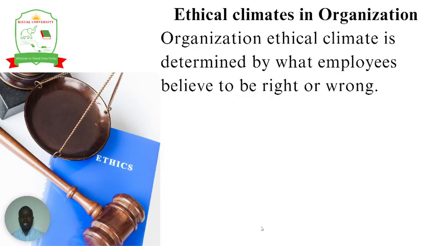We have what we call ethical climates in organizations. And we're saying organizational ethical climate is determined by what employees believe to be right or wrong. And so this climate is important to ensure the success of the organization.